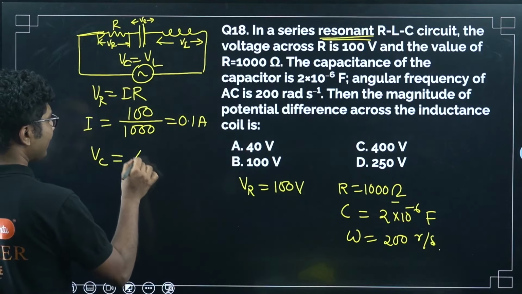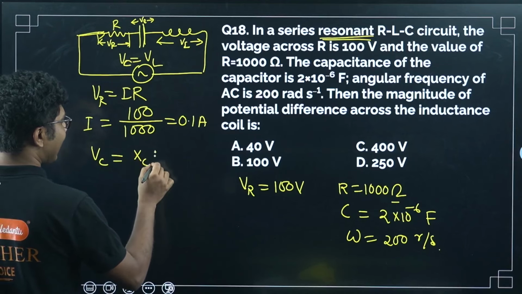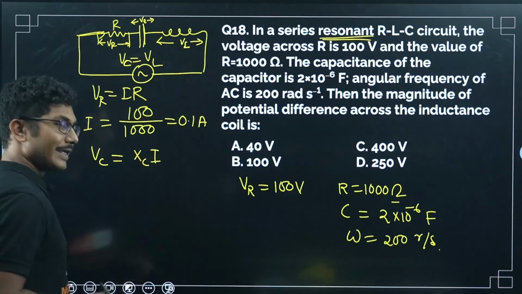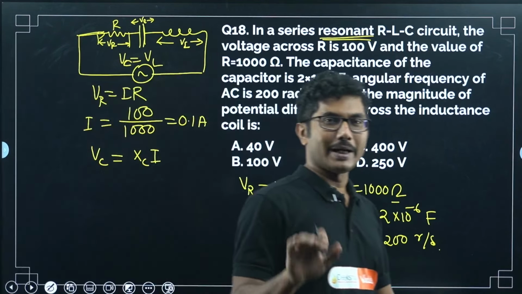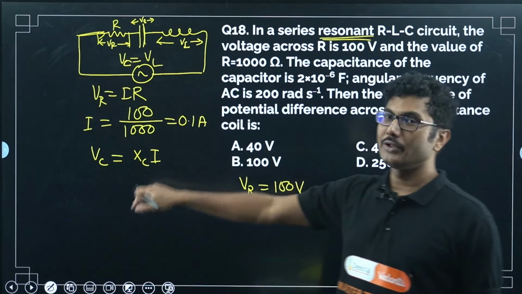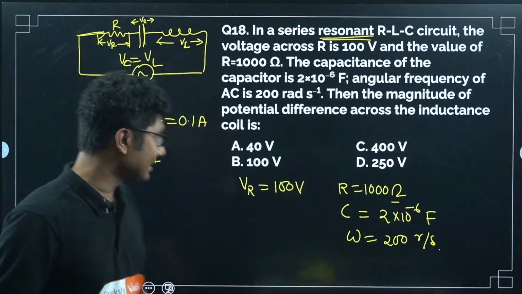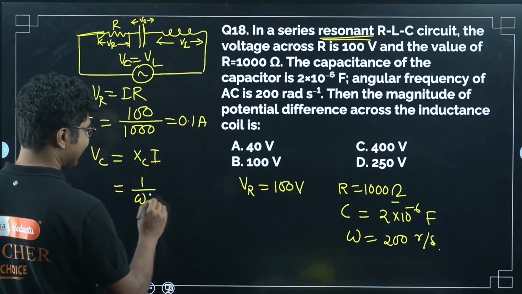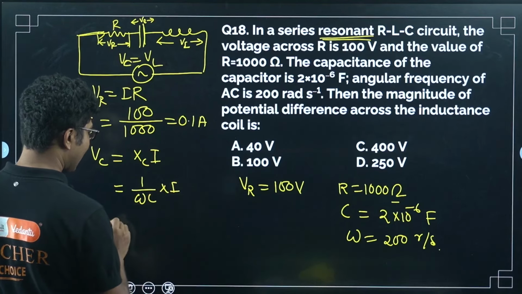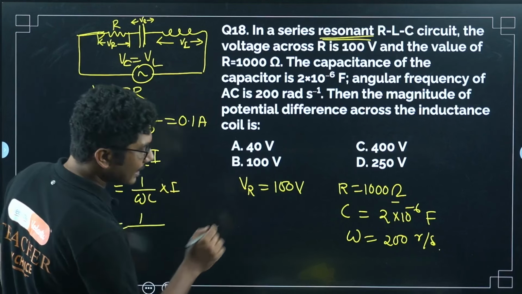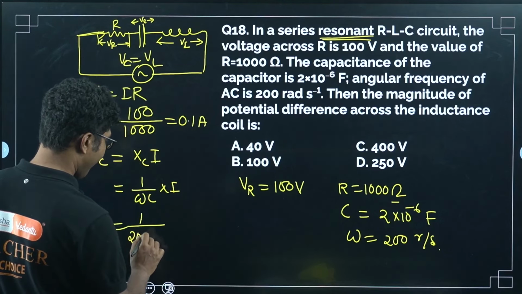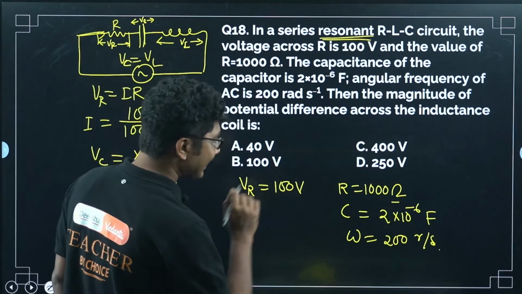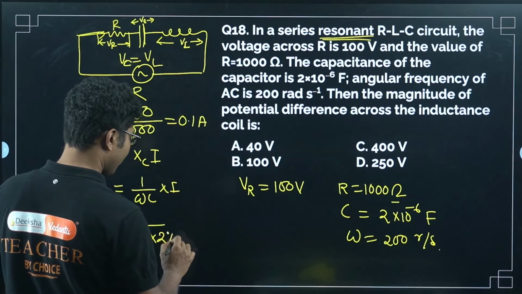VC, if you remember, is XC times I, right? Here also Ohm's law, but instead of R we are going to use XC. What is XC? XC is 1 by omega C, times I. Now omega is given, 200, and C is given, 2 times 10 to the power of minus 6.